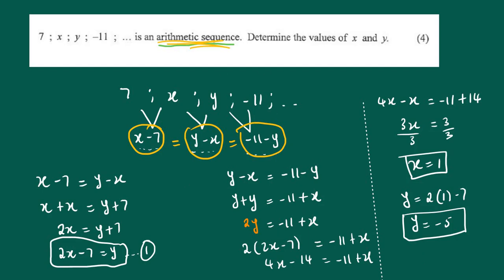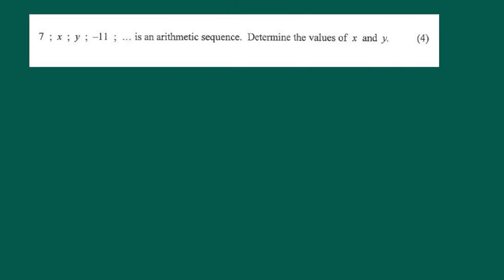Right, so now that is it there. Next, we also have another way of solving this thing, by the way, if you prefer maybe this method. Another way you could have solved this is that 7 is the first term, isn't it?